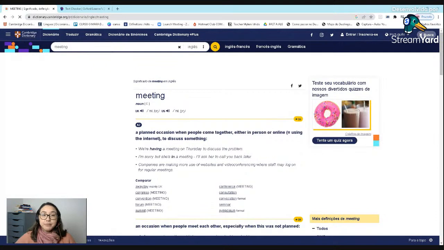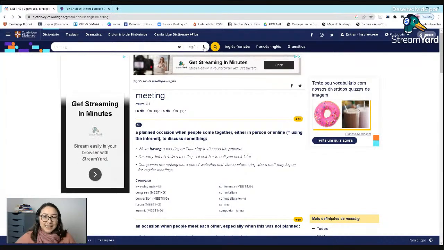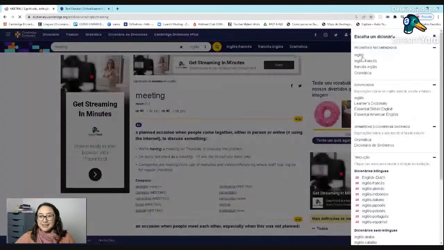Okay, but something really important, when you use the dictionary, you should click here in the three dots, can you see? And you are going to select English. Okay, don't put in inglês português, or in my case here it is inglês francês. English, because this is the English dictionary, right?